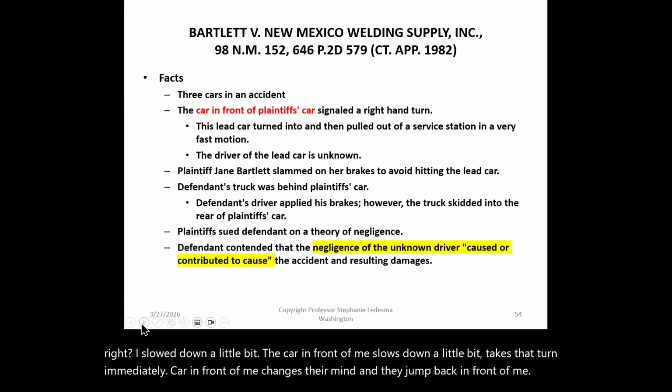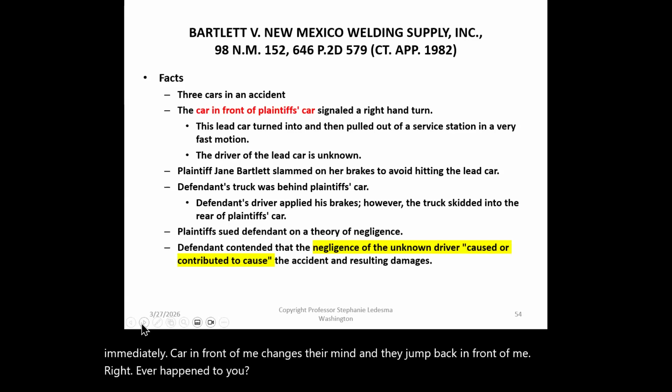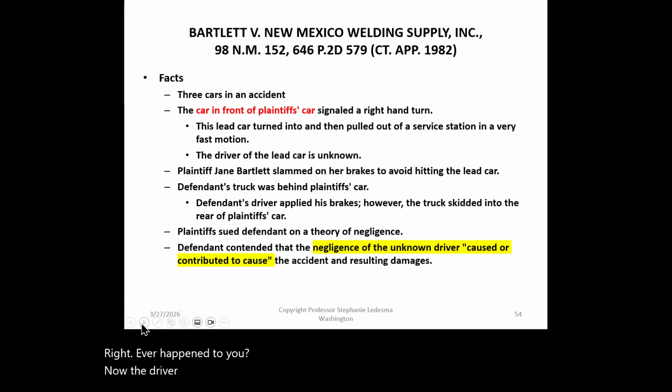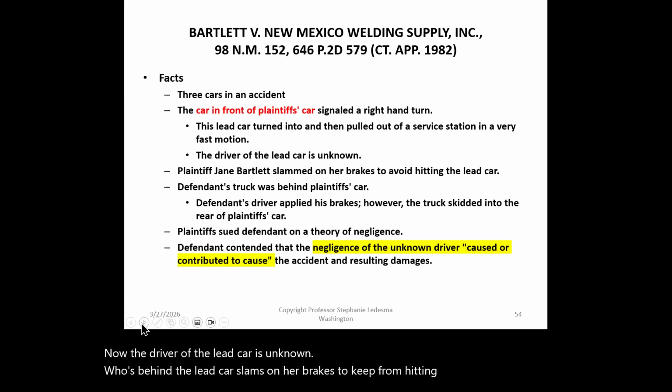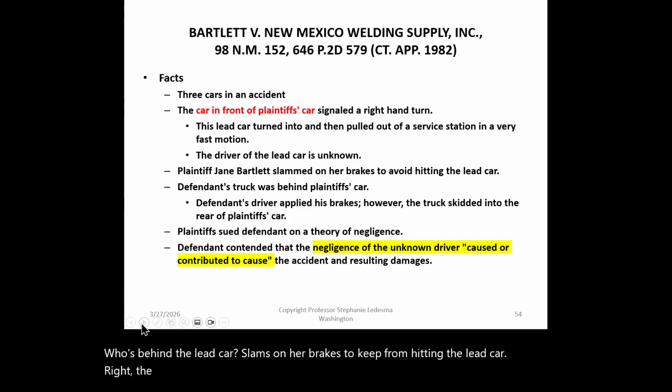Ever happened to you? Now, the driver of the lead car is unknown. The plaintiff, who's behind the lead car, slams on her brakes to keep from hitting the lead car, right? The defendant is in a truck behind the plaintiff.